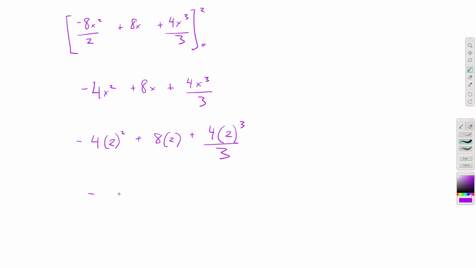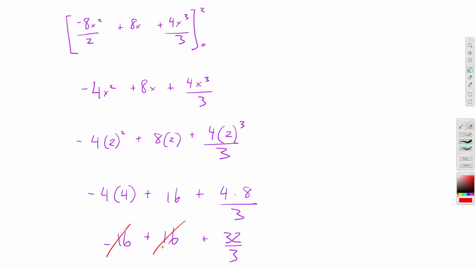So you're going to get negative 4 times 4, plus 8 times 2 is 16, plus 4 times 2 cubed is 8, on 3, which is going to be negative 4 times 4 is 16, you idiot, plus 16 plus 4 times 8 is 32 on 3. So then you can go negative 16 plus 16, they go away, and we're left with 32 on 3.